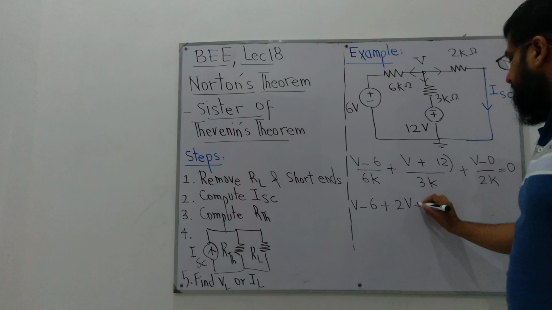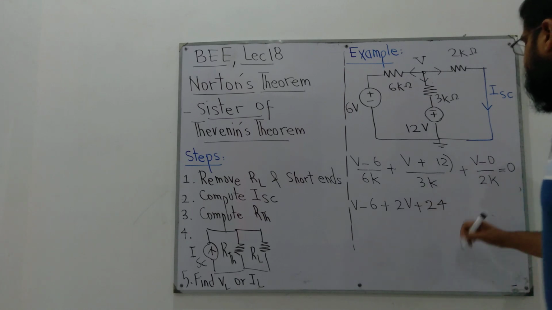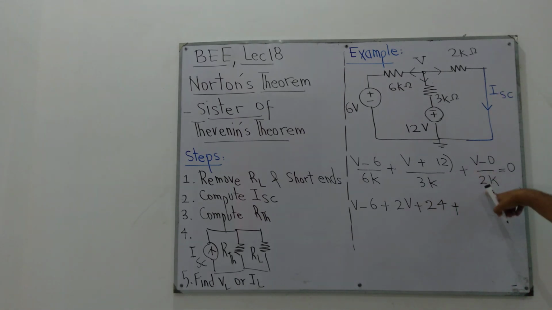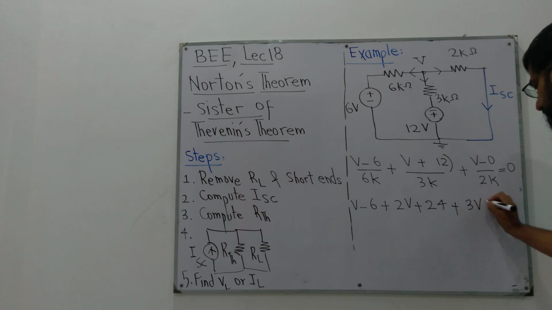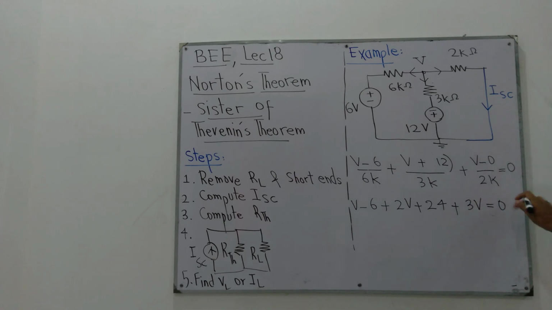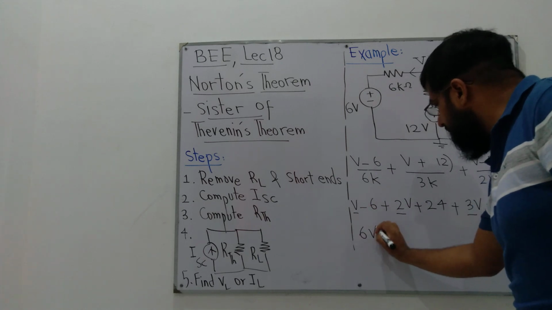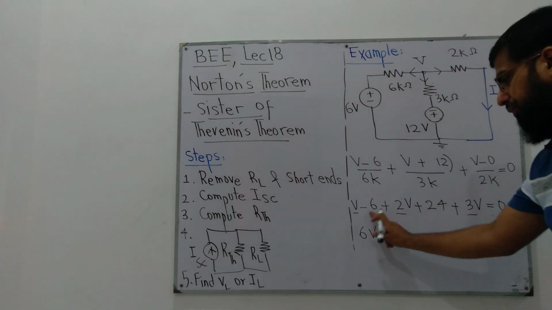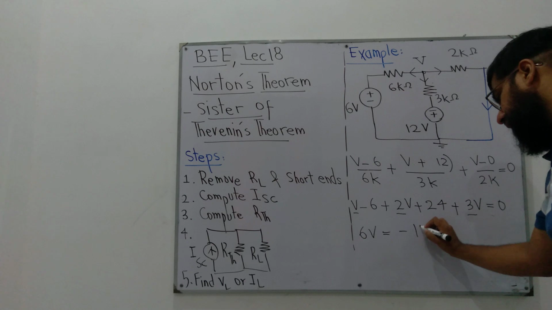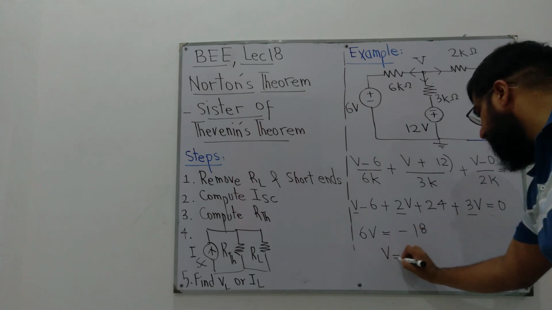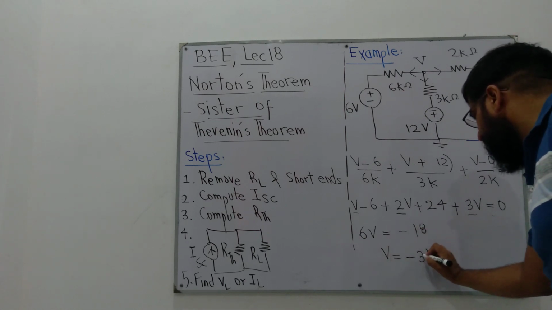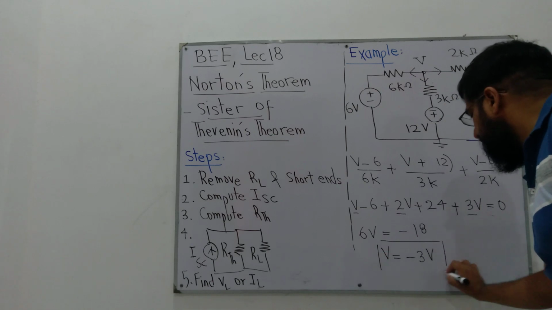Multiplying 24 plus, multiplying this by 6K leaves 3V. So we have 3V, 2V, 5 plus 1, 6V. Plus 24 minus 6 plus 18 taken to the other side becomes minus 18. So this voltage V is minus 3.